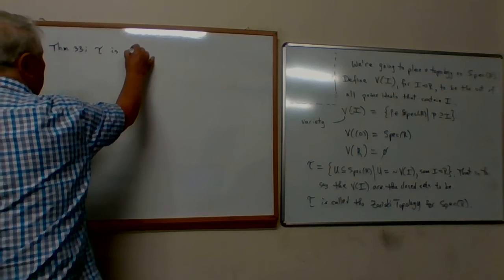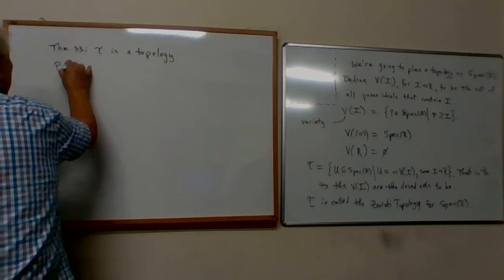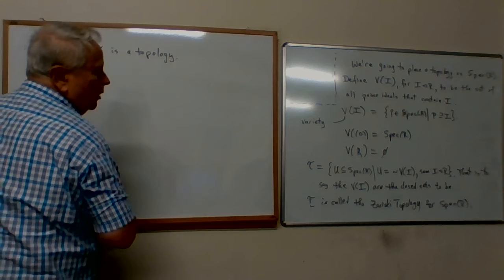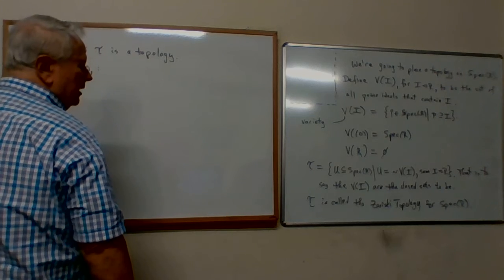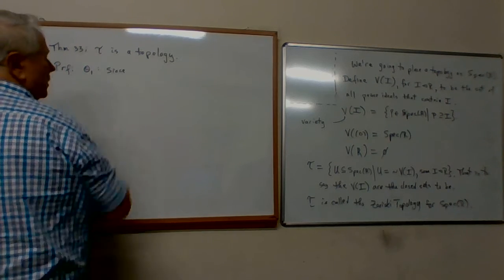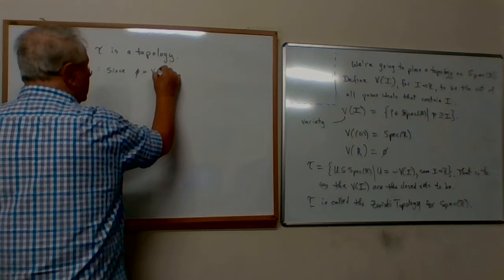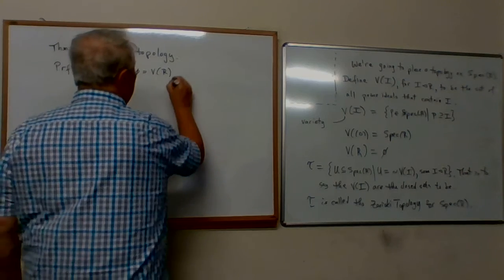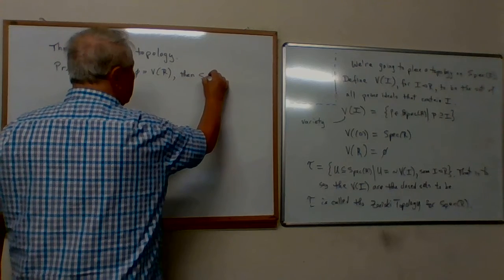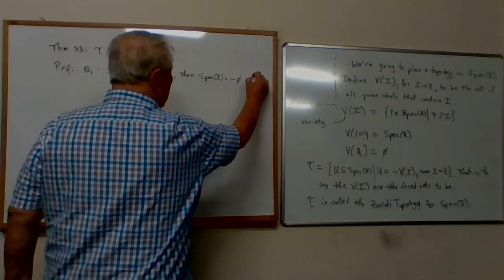So, theorem 33. Tau is a topology. Now, you already know there are three things to show. O1. We have to show that the whole space and the empty set are open. Well, since the empty set is equal to V of something, then spec R, which is the complement of the empty set, is in tau.